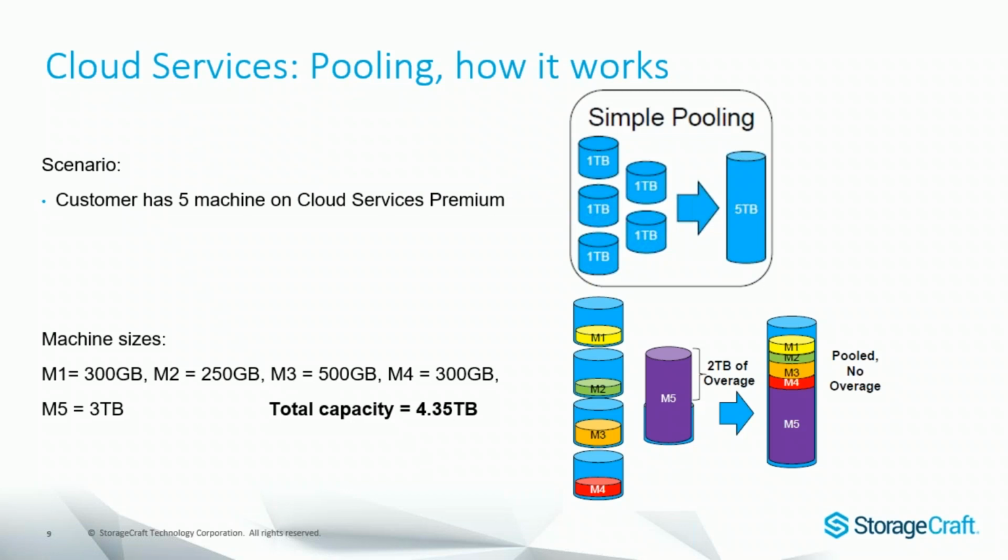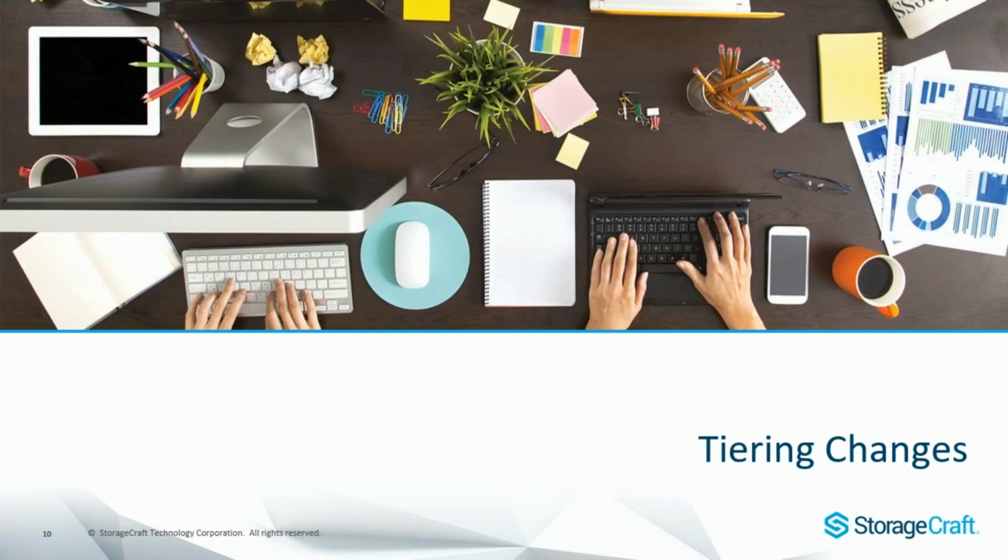With the new pooling model, because all these machines are allocated a terabyte each to be pooled amongst, the total capacity of 4.35 terabytes is under the total allocated 5 terabytes. Therefore, you don't have to pay any overage.